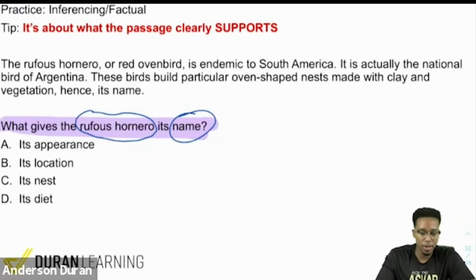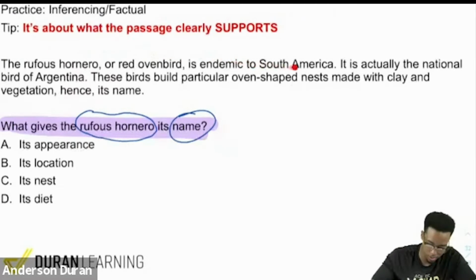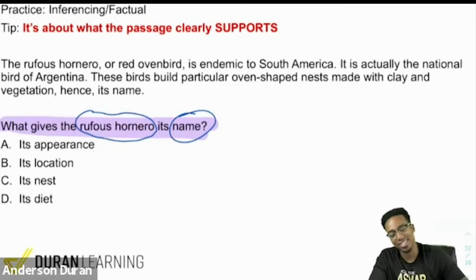Everybody, quick question. Was this first sentence even necessary to read? No. All right, let's take a look at that second sentence. Was this second sentence necessary to read? No. Let's focus on that third sentence here, my party people.